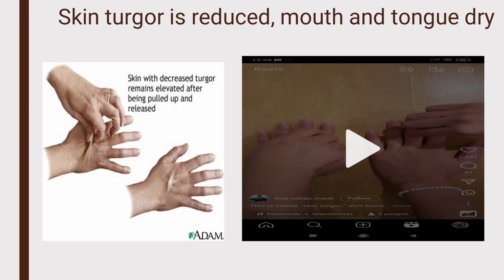On one side we can see the normal skin, on the other side dehydrated skin. In the person with normal skin, when we pinch, the pinch will go out. But if there is lack of water, that pinch will persist. So the skin turgor is reduced in this patient.